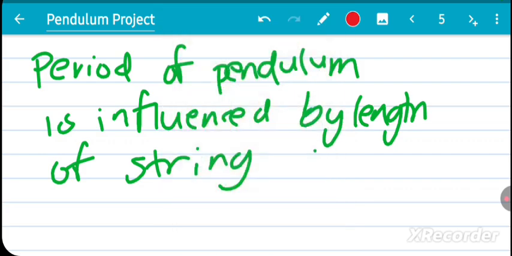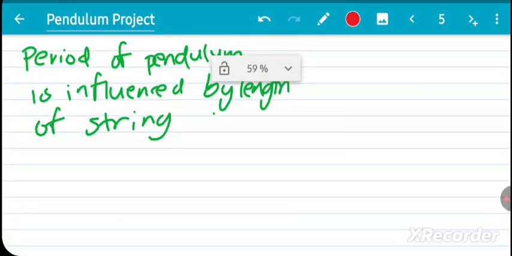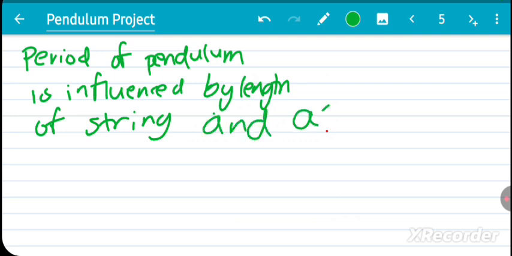Mathematically, now this is where it gets a little bit complicated, but I promise you it's easy. The period of pendulum is influenced by length of string and acceleration due to gravity.